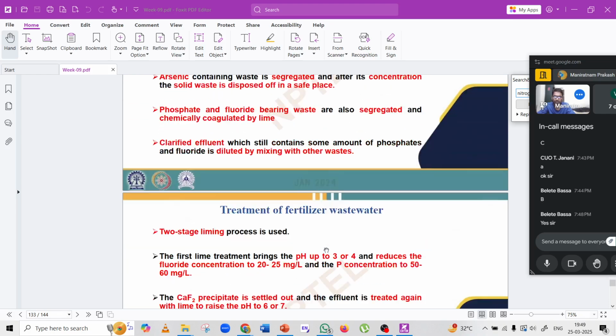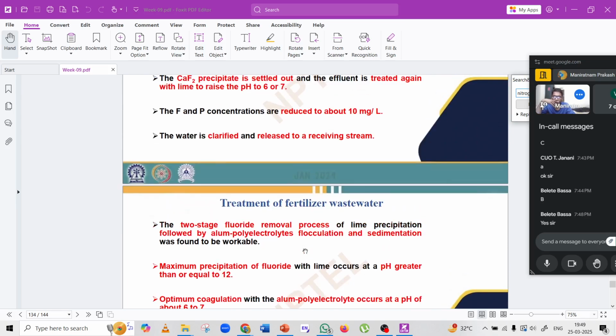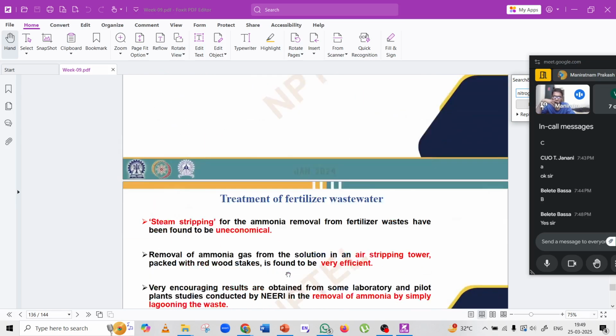Impact of receiving treatment of fertilizer wastewater, two stage treatment.